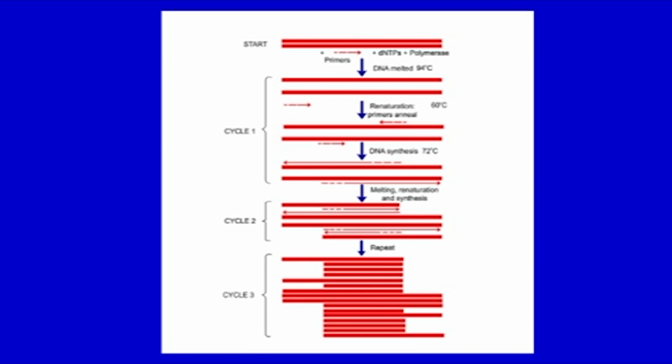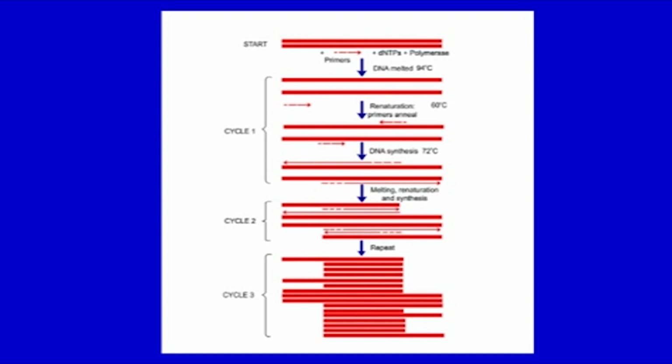Once they are separated, then the temperature is lowered to say around 60 degrees Celsius. Now, this temperature will depend upon the melting temperature of the primers. So, the primers will anneal at this temperature, which is a little lower than the melting temperature of the primer, and they will anneal at the right complementary place.